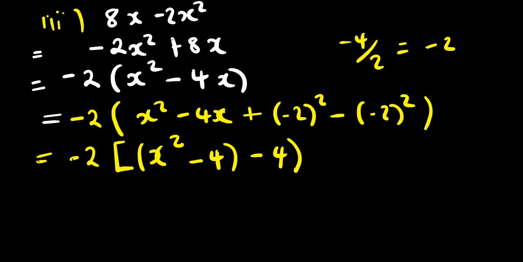We've got a negative 2 outside, so we are going to distribute that so that we have our final answer. The negative 2 multiplied by the coefficient of this expression, which is 1, gives you just a negative 2, then you have x squared minus 4.